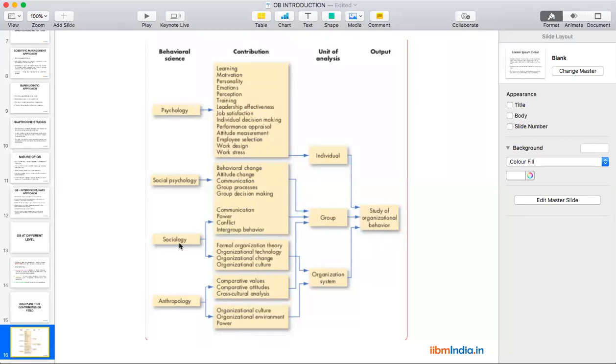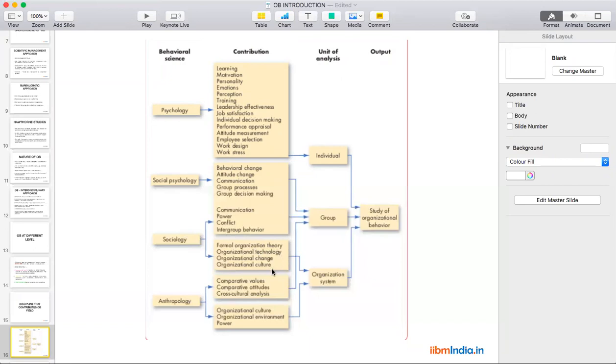Sociology is the study of the individual, and of the relationship between the social environment or the culture of a particular person. This social analysis is based on communication, power, conflict, and intergroup behavior, or we can say organizational technology, change, and culture.